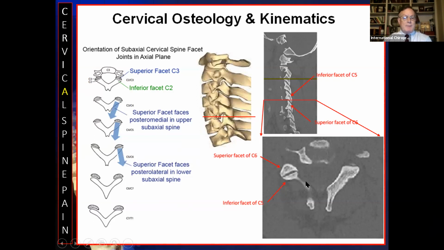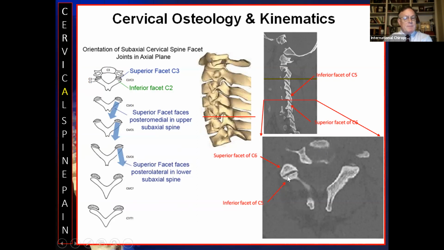And if you think about weight bearing, this posterior aspect of this vertebral body is going to be pushing forward. Now let's just take a look at where this slice was obtained. Here's C5 right here, and all the way to C5 is going to be pushing down on that superior articular surface of C6. So when you slice from front to back, when you look at the front, you see the vertebral body, the disc, and then we look to the side, you see the lower facet of the upper vertebra.